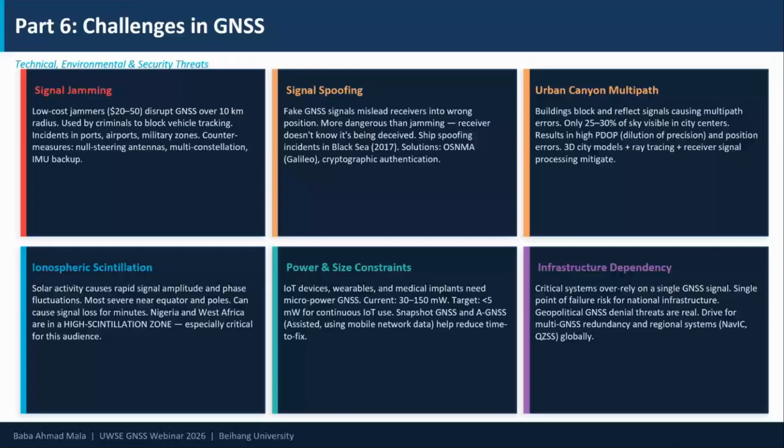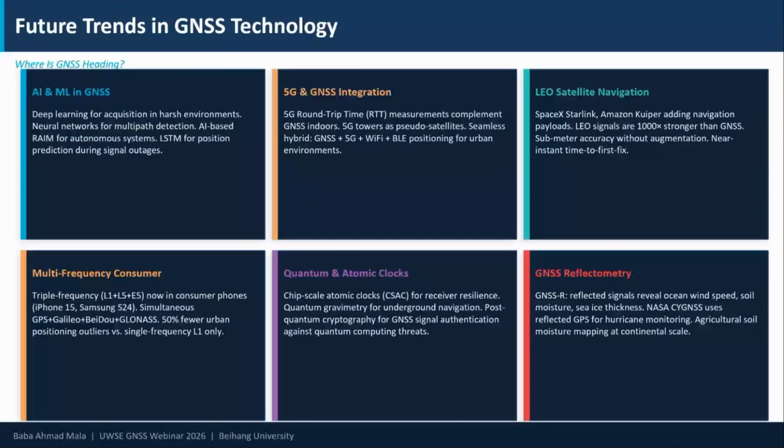Future trends in GNSS technology. So where is GNSS heading? First, we would like to say GNSS is heading towards many sectors, and currently these are some of the trends. They include deep learning, which helps to acquire signals that are extremely weak or within a noisy environment.